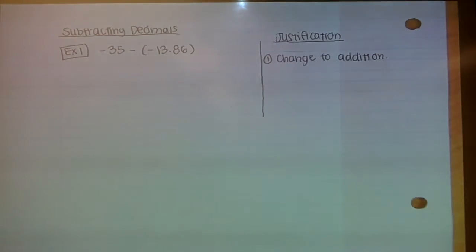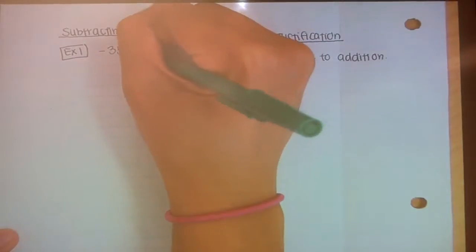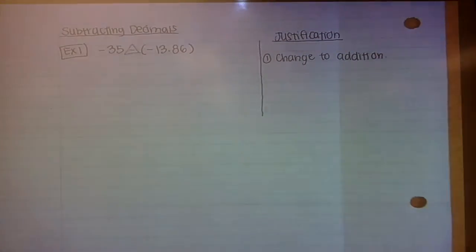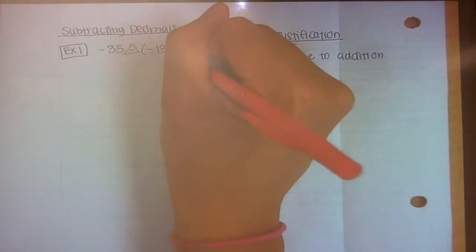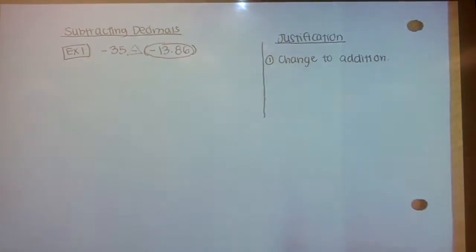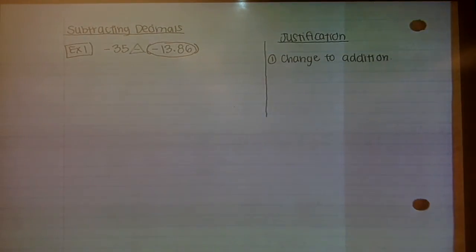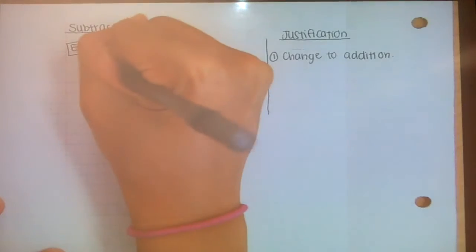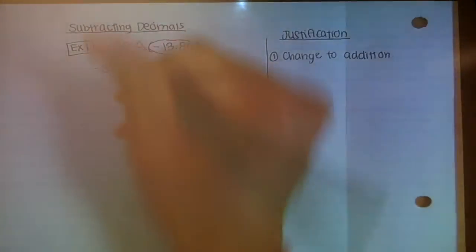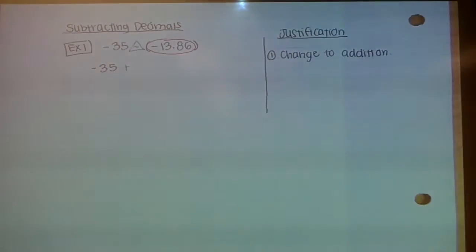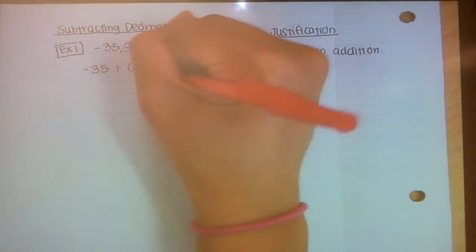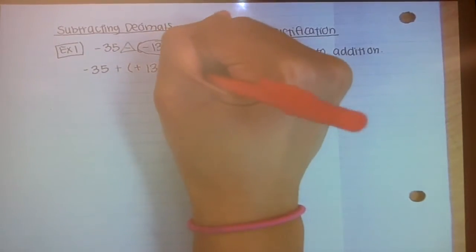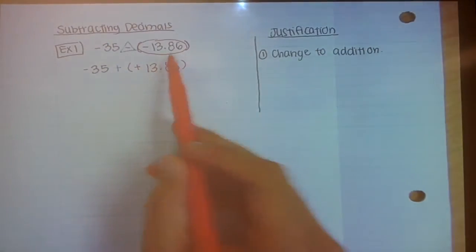And the way that we do that is we take the sign, we change the sign to addition, and that means we have to change the second number to the opposite. So if I rewrite the problem, I get negative 35 plus, this becomes a positive 13.86 because that's the opposite of negative 13.86.